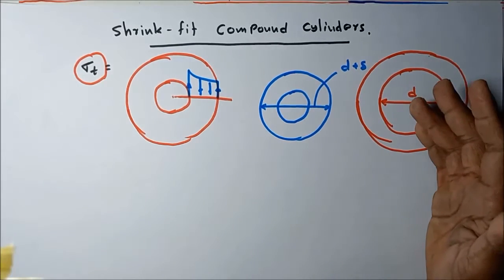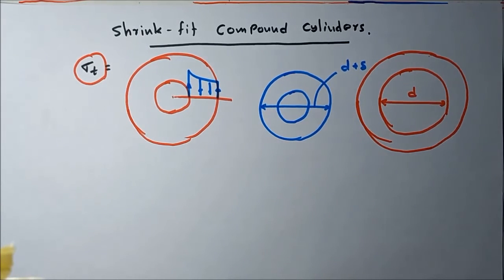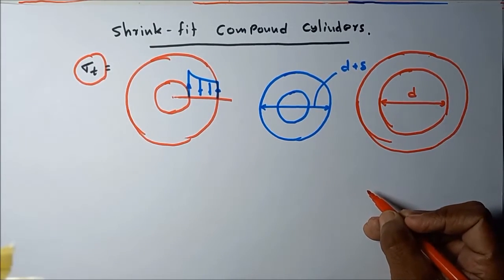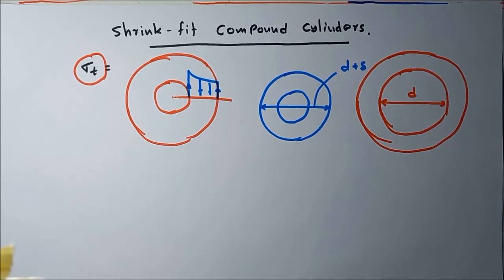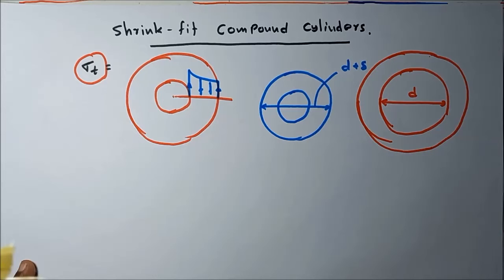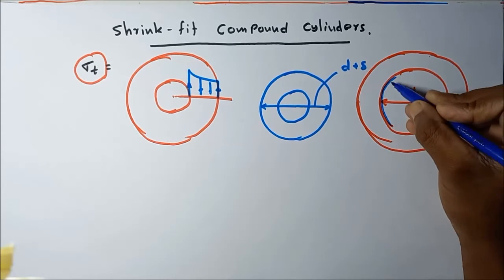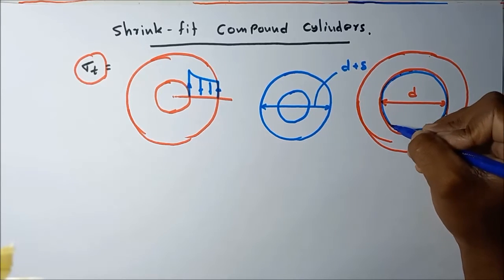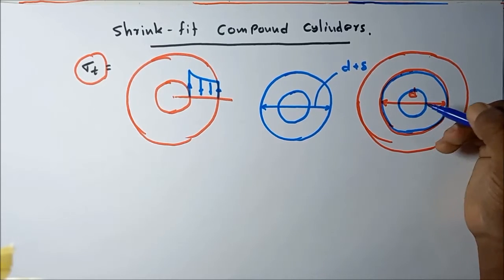Then let's see how shrink fitting develops sigma t. What happens after the insertion, when it comes to room temperature? I will draw on the same diagram. See the inserted internal cylinder, and this is the outer cylinder bowl.